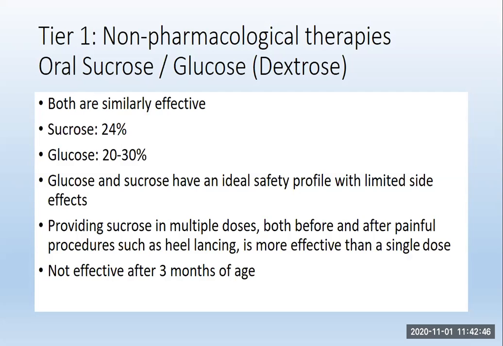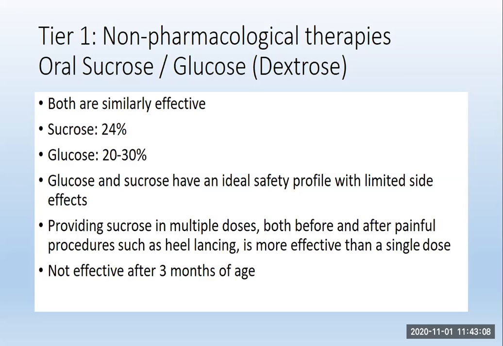Remember, sometimes we get confused between glucose and dextrose, because at home we use sugar, that is sucrose. But in our hospital settings, we use 25% dextrose. That is actually glucose itself. So glucose and dextrose are the same.